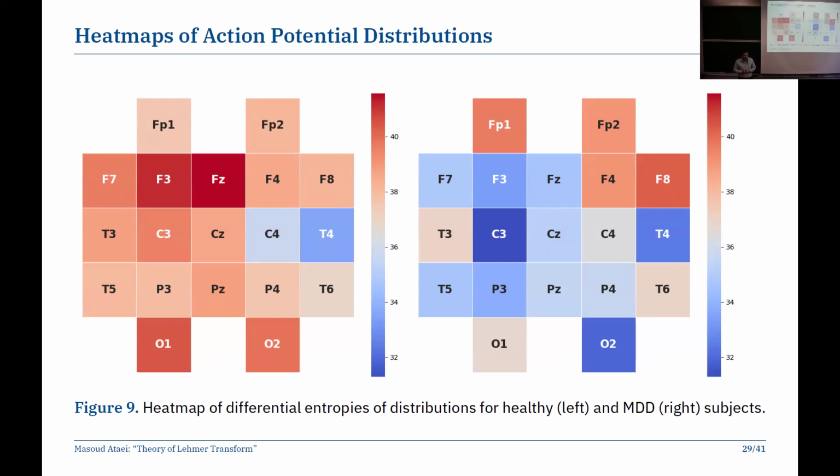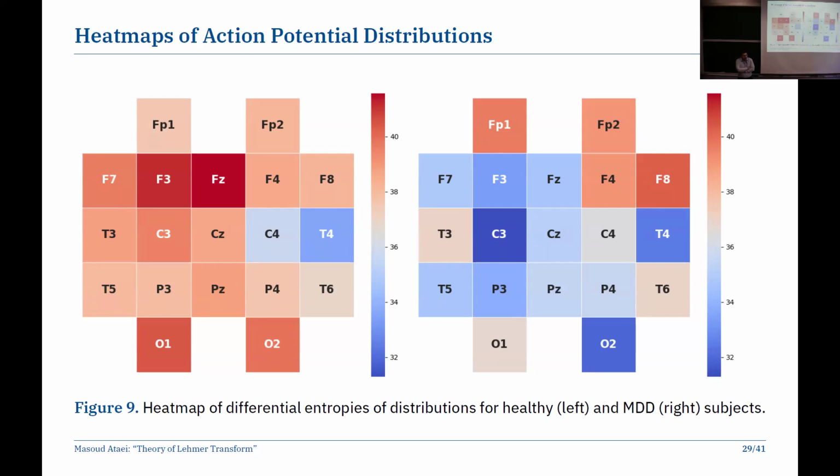FP2, F4, and F8 on the top show abnormally high entropy values as compared to their counterparts FZ, F3, and F7. This suggests suppression in the left frontal cortex, which is linked to emotional withdrawal and motivational deficit in major depressive disorder.